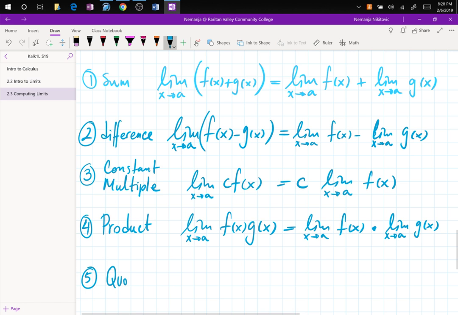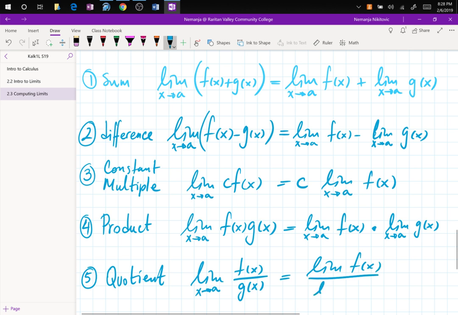Quotient. Same thing. Limit of f of x divided by limit of g of x.